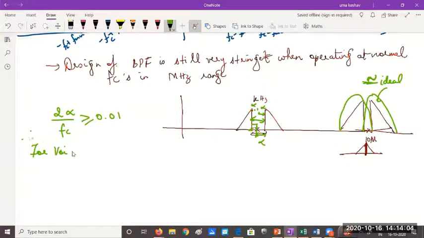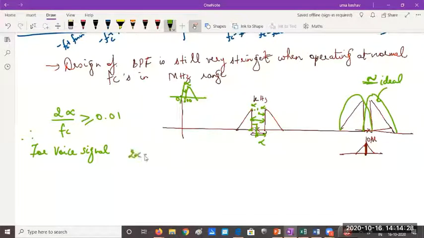Can somebody calculate for voice signals, how much is alpha here? What would be the alpha, one side separation? See here, 0 to 300, one side separation is alpha, 300 hertz.